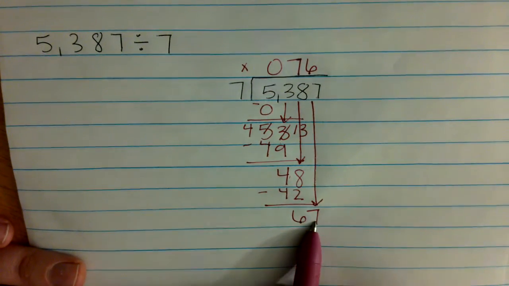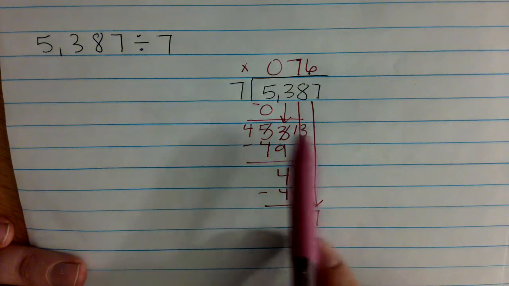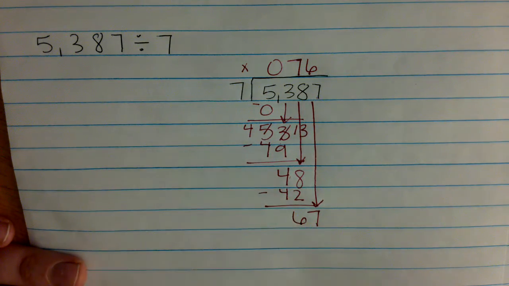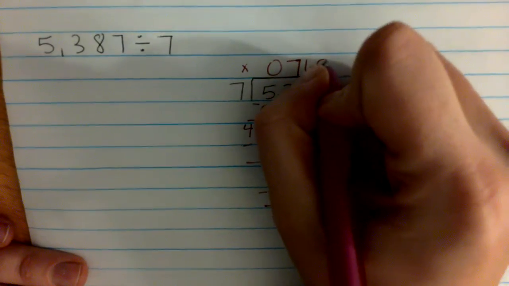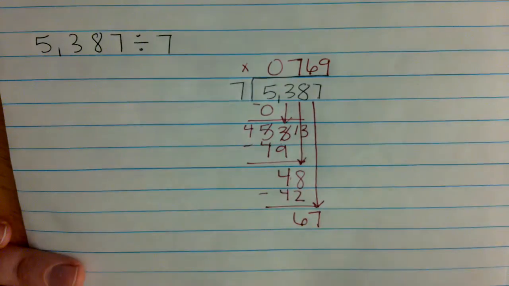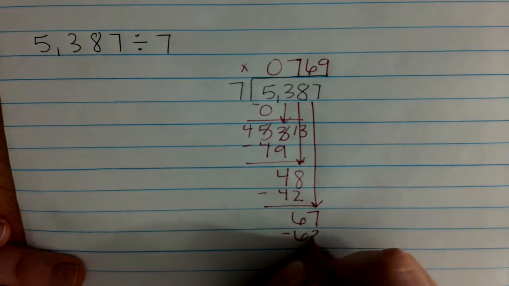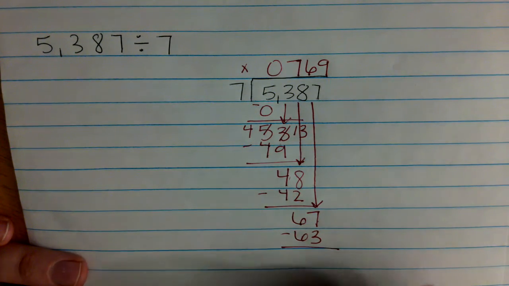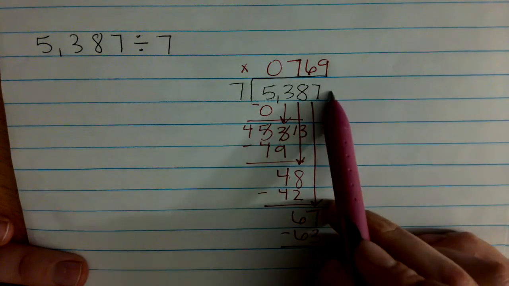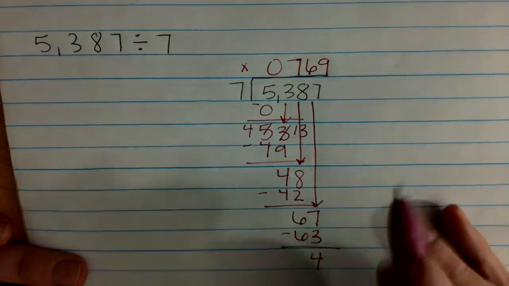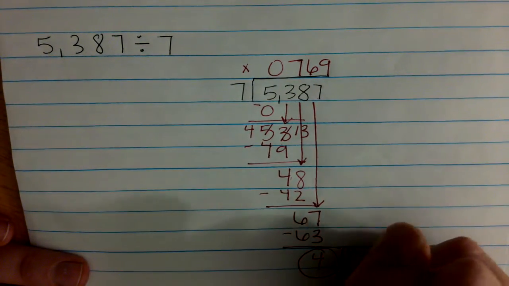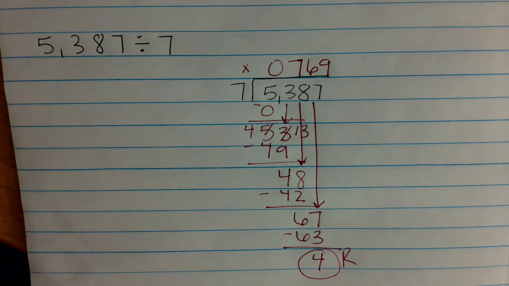If I go over any more, 7 times 10 is 70. So that's too far. So I'm going to have to stick with 9. So 9 times 7 is 63. Subtract 67 and 63, and I get 4. And there's no more numbers for me to pull down, so I stop. Circle it, mark it as my remainder.